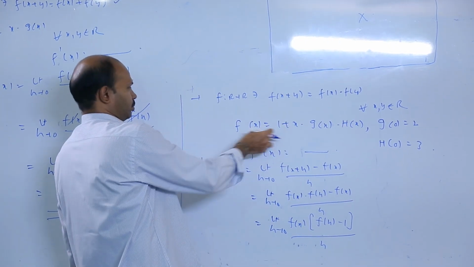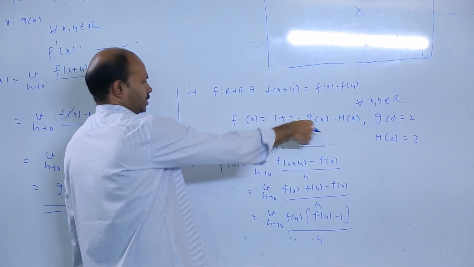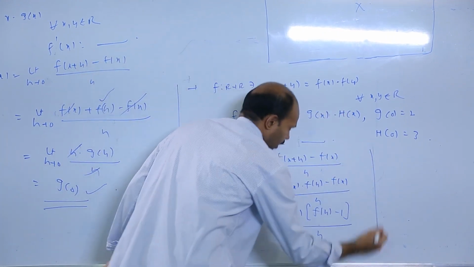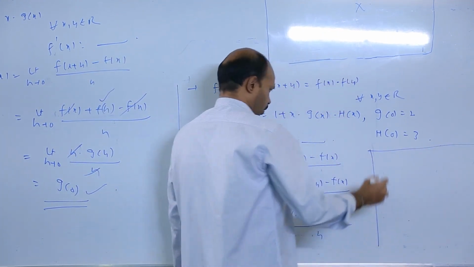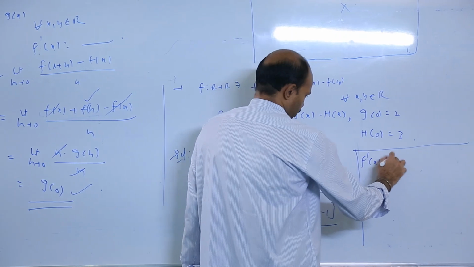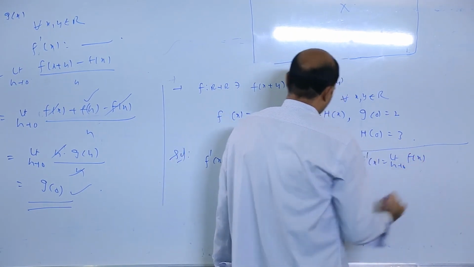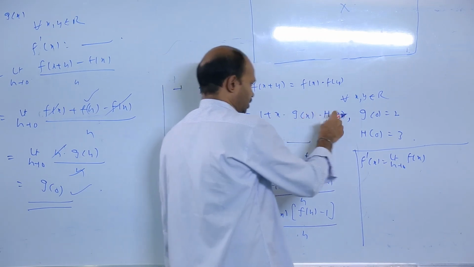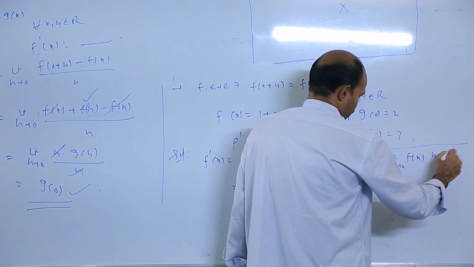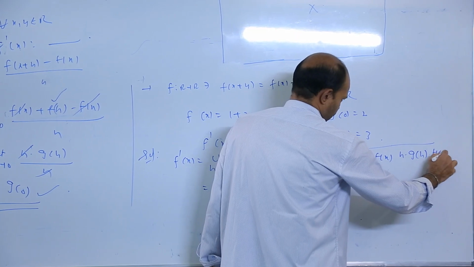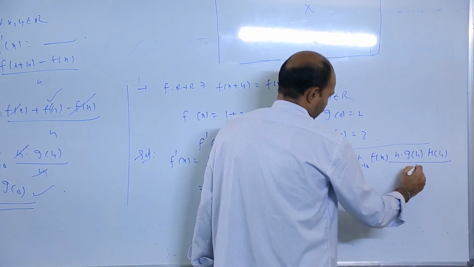What is f(h) - 1? It is h g(h) H(h). Then write that expression: f'(x) is the limit of f(x) times h g(h) H(h) divided by h.